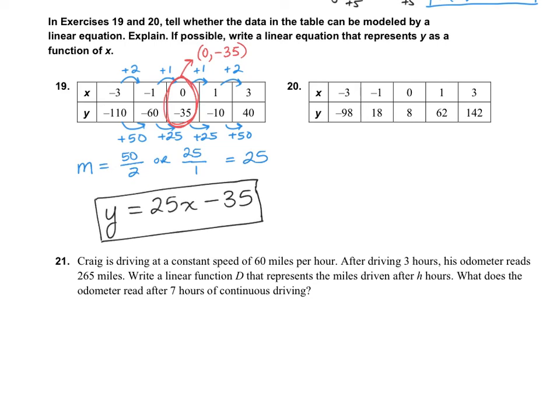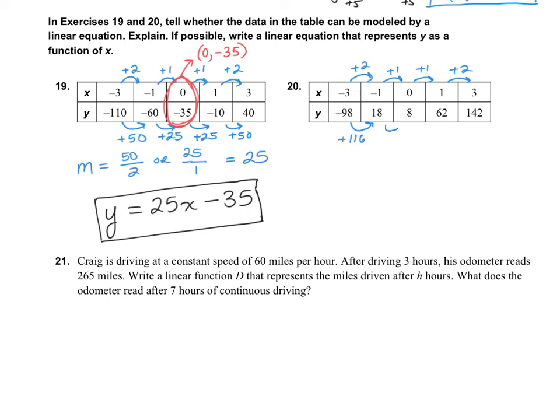All right, let's take a look at number 20. See how it behaves. Negative 3 to negative 1 is plus 2, and then plus 1, and plus 2. So far it behaves the same as number 19. Negative 98 to positive 18 is plus 116.